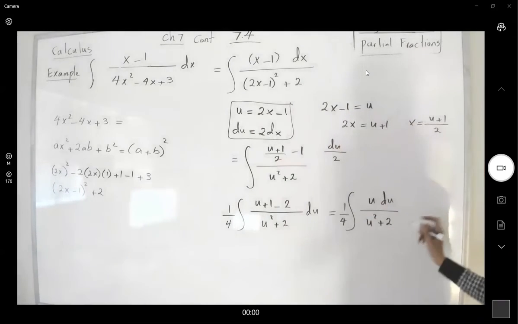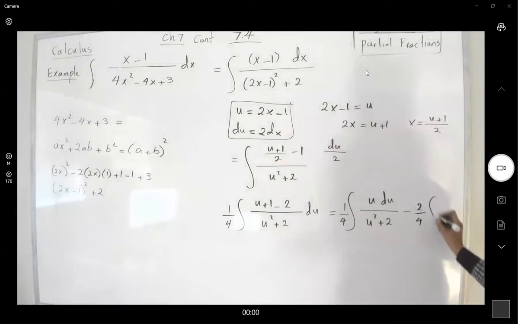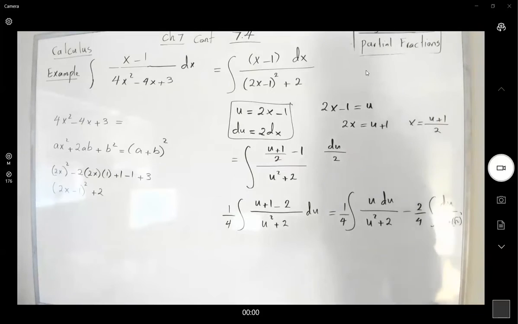Another substitution here. And here we get negative 1 over 2 times 4, the integral of du divided by u squared plus square root of 2 squared, which is the arc tangent that you learned before.